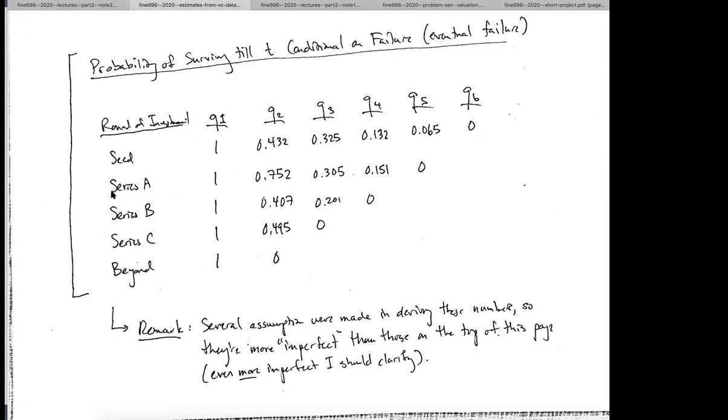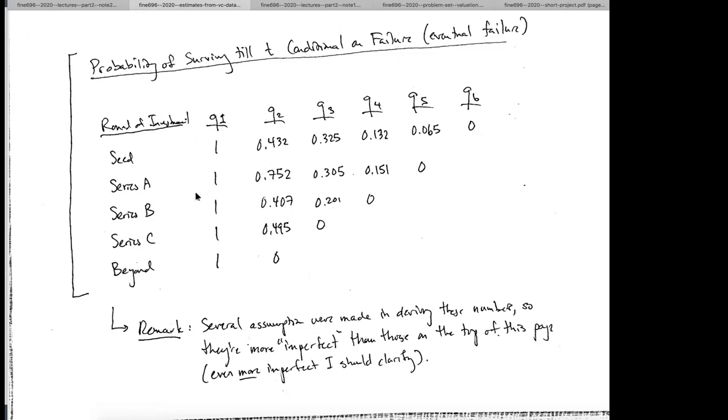And I have similar numbers for Series A. So a Series A startup that eventually fails would survive always for 1 period, 75% of the time for 2 periods, 30% of the time for 3 periods, and 15.1% of the time for 4 periods. So how can we use this data to get an estimate of the value of SecureTech conditional on failure?